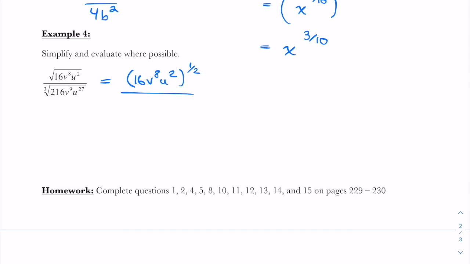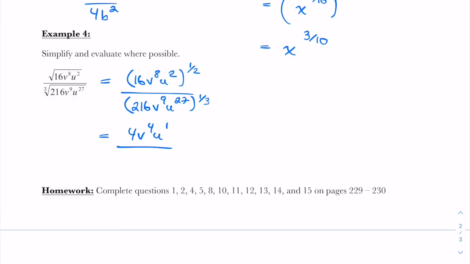And in the denominator, we have 216 v to the 9 u to the 27, all raised to the 1/3. So let's square root everything in the numerator. That's going to give you 4 v to the exponent 4, u to the exponent 1.